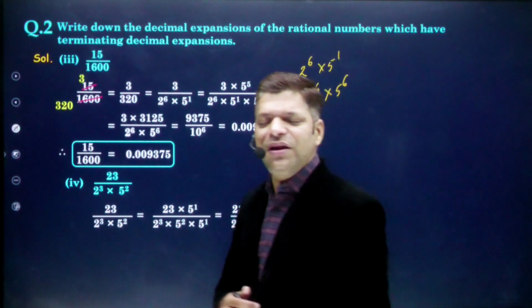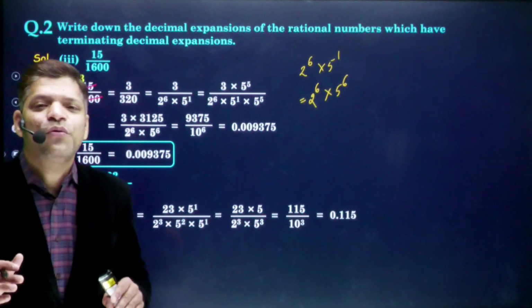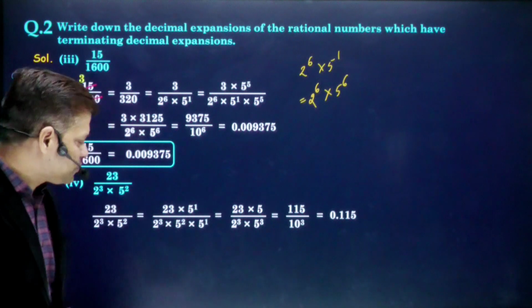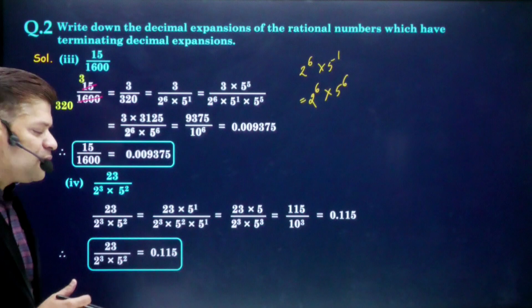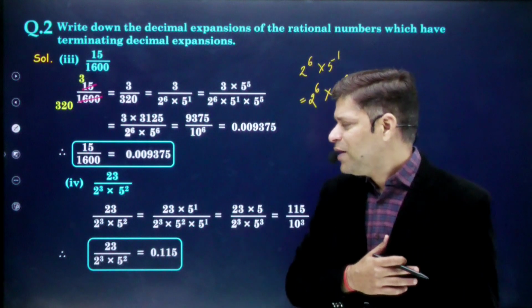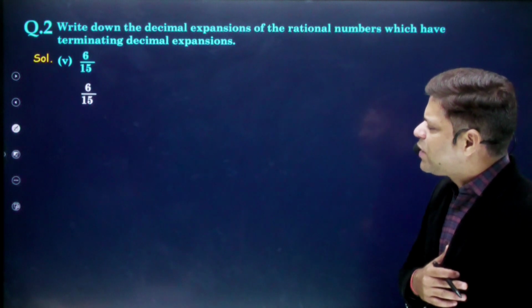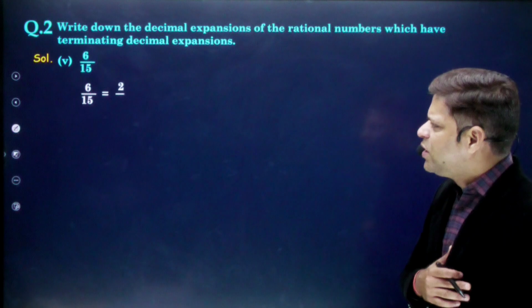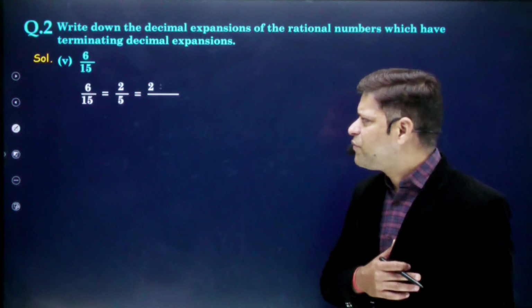So the decimal expansion of this rational number will be equal to 0.115. Now for the next question, part number 5, 6 over 15. We cancel it by 3, so it will be 2 over 5.